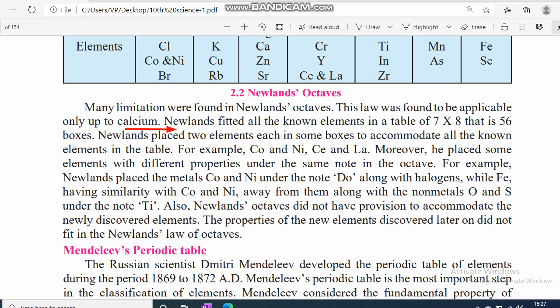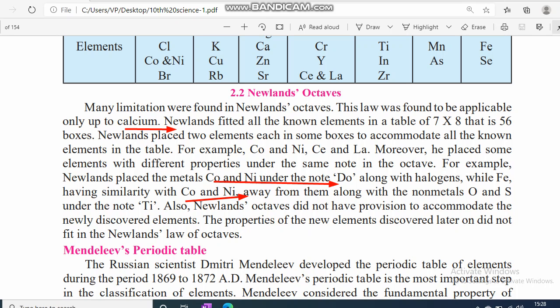For example, Newlands placed the metals cobalt and nickel under the same note Do, in Marathi Sa, along with the halogens, while Fe, having similarity with cobalt and nickel, is placed away from them along with the non-metals oxygen and sulfur under the note Ti. Also, Newlands' octaves had no provision to accommodate newly discovered elements, and the properties of new elements discovered later did not fit in Newlands' law of octaves.